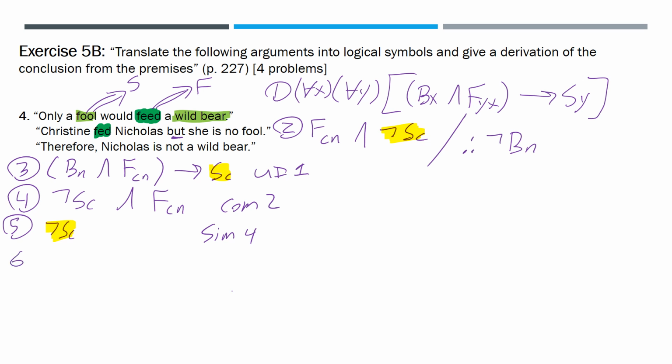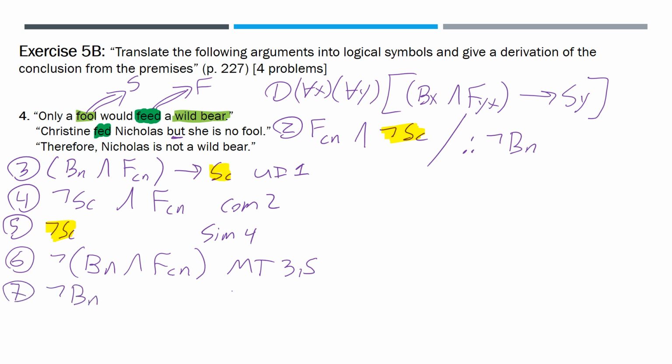So for line 6, we can say it is not the case, parentheses, BN and FCN by modus tollens, 3, 5. We can do De Morgan's rule, so we'll get not BN or not FCN by De Morgan, line 6.